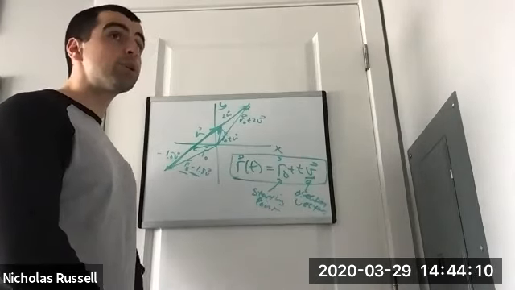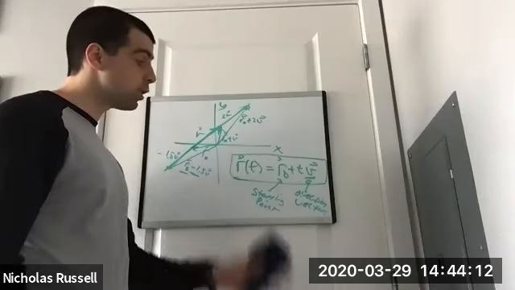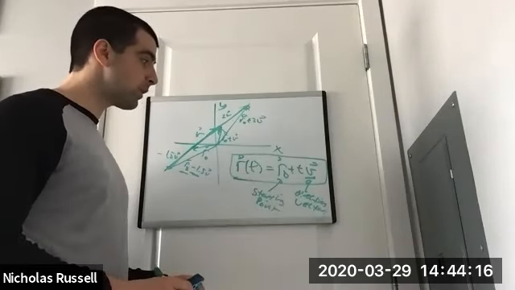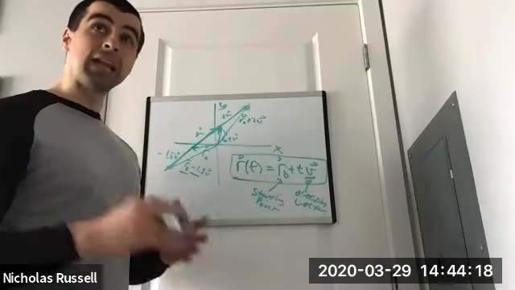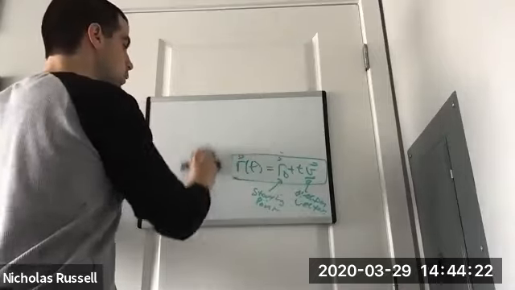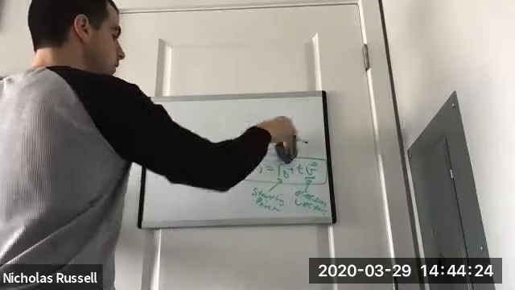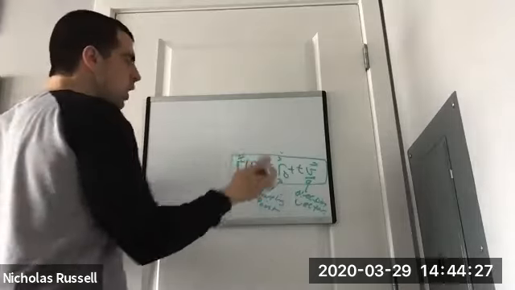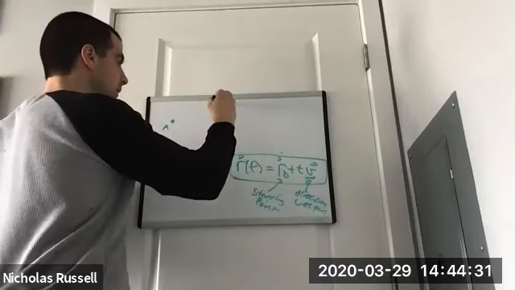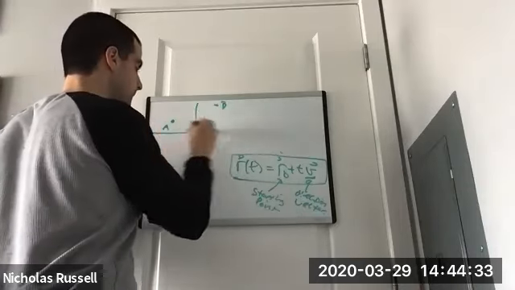Now, I can restrict some things, and I can make some important changes to this formula if I wanted to. For instance, if I want to come up with a line segment instead, the idea of a line segment is basically I'm restricting it. Let's say I have A here, and I have B here.